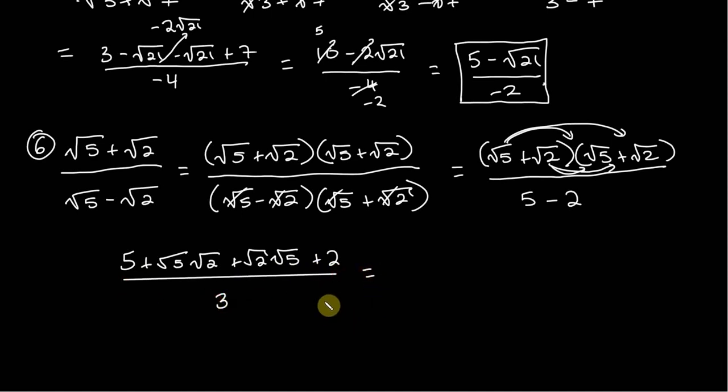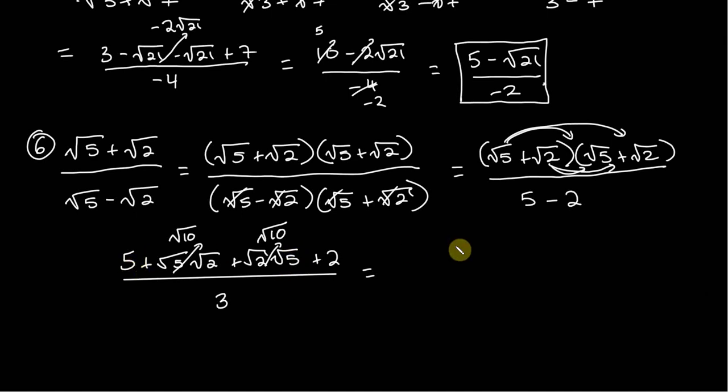And we can now simplify this even further. So root 5 times root 2 is just root 10. Likewise, here it's just root 10, right? Root 2 times root 5, root 10. And root 10 plus root 10 is the same as saying 2 root 10.